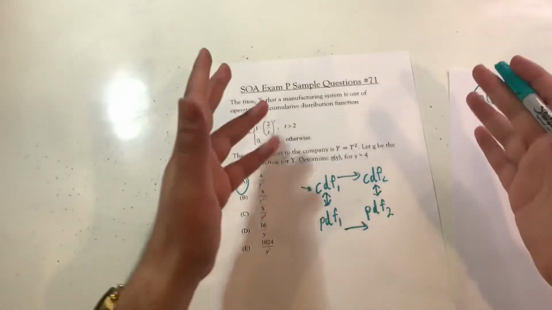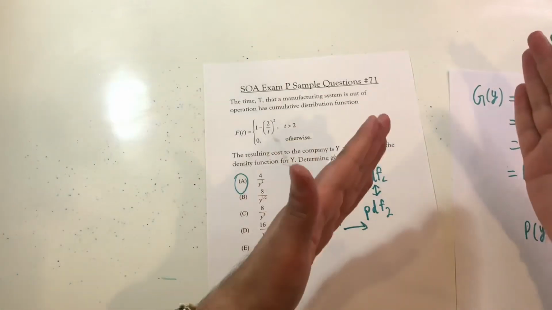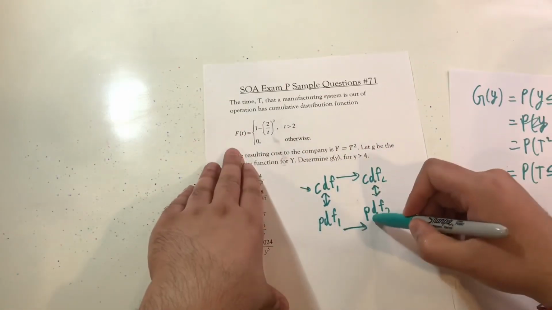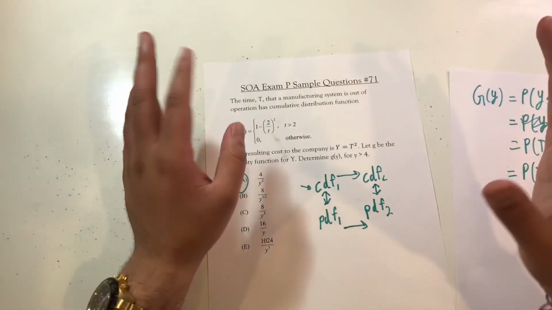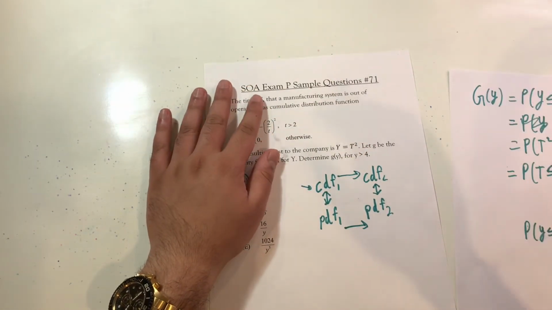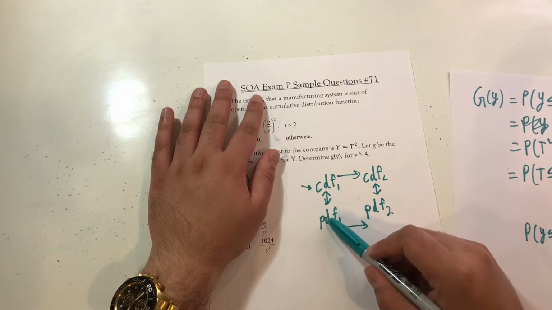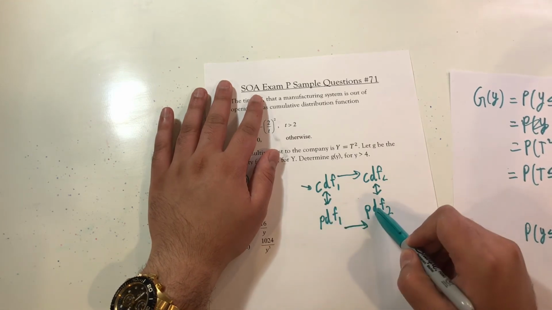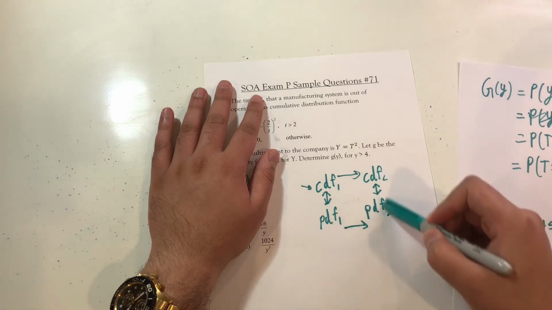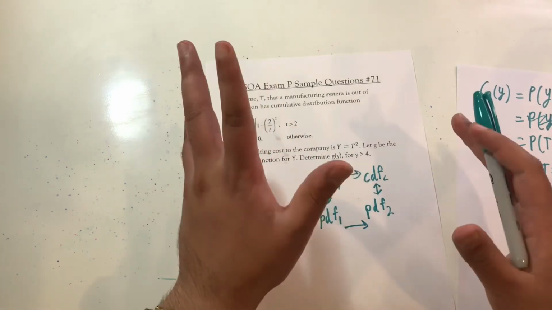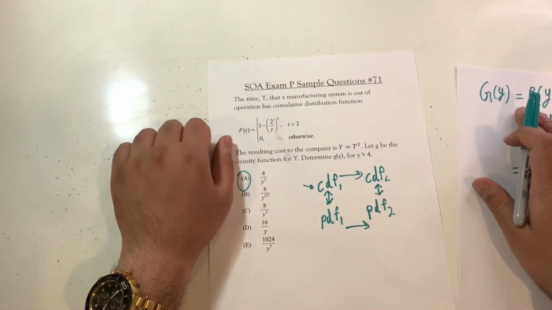There is a formula that you should definitely memorize that can get you from a PDF to a PDF. However, if you don't have time to fully memorize that formula, which I really think you should at this point, if you're given a PDF and asked to find a different PDF, you could integrate, convert, differentiate. That's going to take a lot more time than just using this formula, even if the formula looks a bit messy.